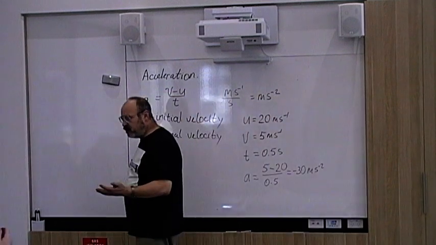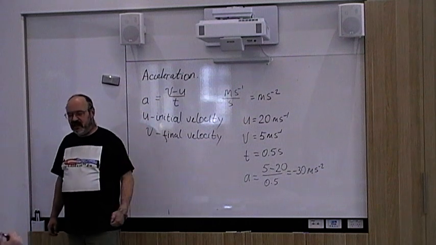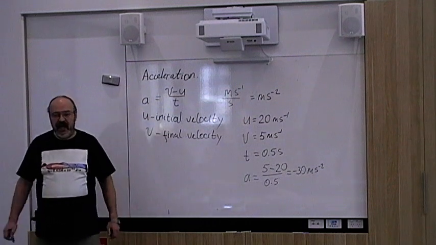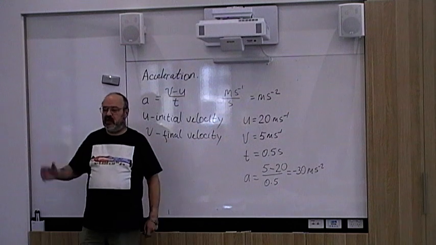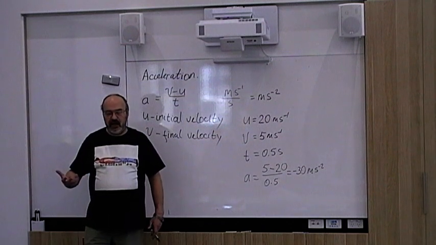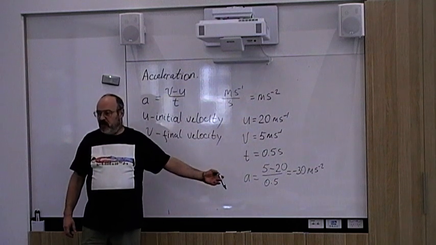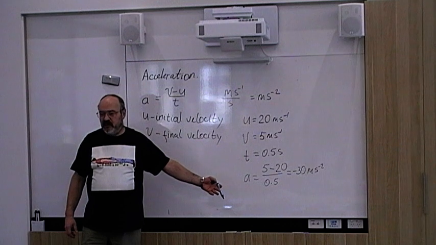First, is speed increasing or decreasing? Speed is decreasing, it's slowing down. And we always choose some direction as positive. Because velocity has direction, same with acceleration, we need to choose a direction.